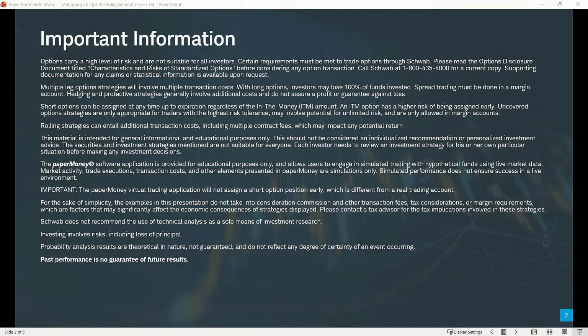Rolling strategies can entail additional transaction costs. And the paper money software application is provided for educational purposes only. For the sake of simplicity, I'm not going to factor in commissions in all the trades that we look at here, but just realize commissions and fees are a real thing that you should pay attention to. All investing involves risks, including loss of principal. Schwab does not recommend the use of technical analysis as the sole means of investment research. Past performance is no guarantee of future results.